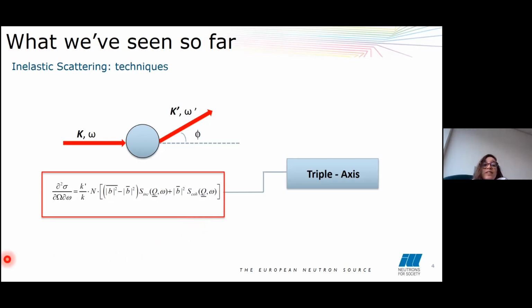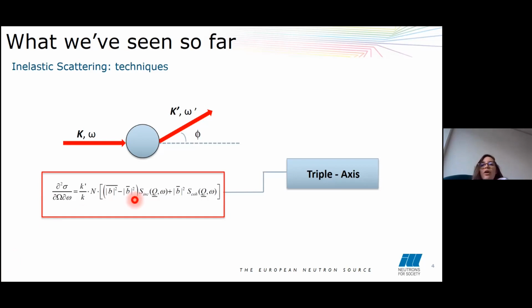But if we take the neutron as a particle, we can then determine the time of flight it needs to travel from the sample to the detector, and thus its velocity or kinetic energy after the scattering process. And knowing the incident energy, the energy transfer can then be calculated.